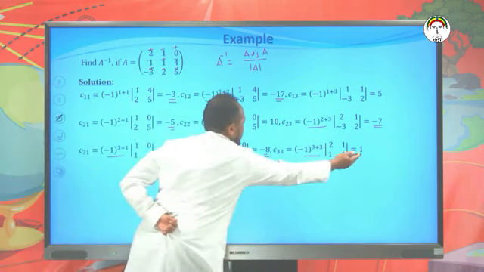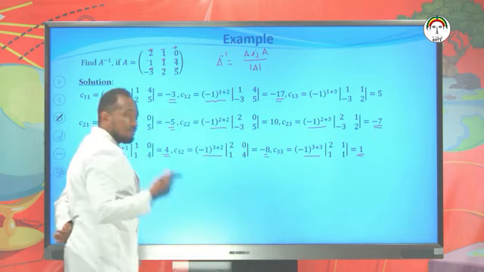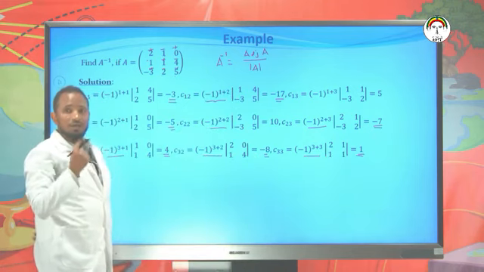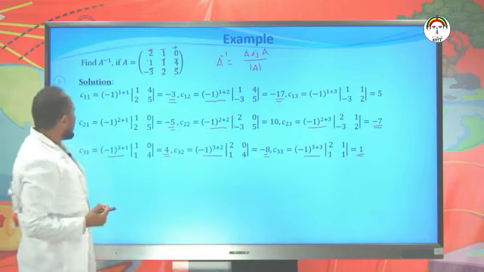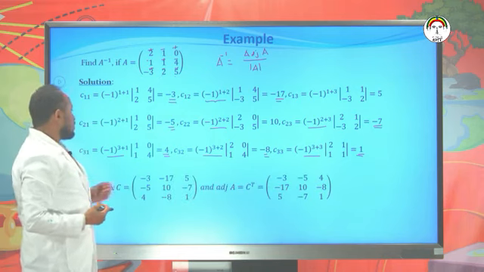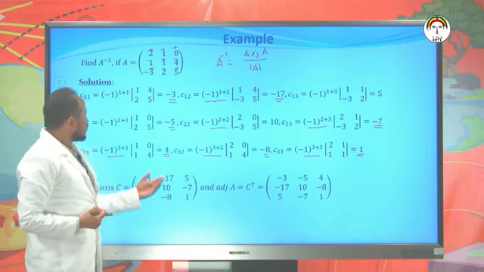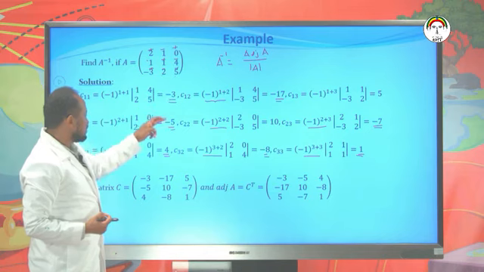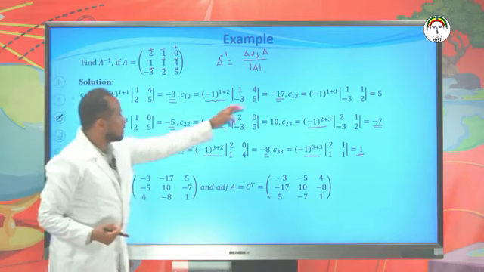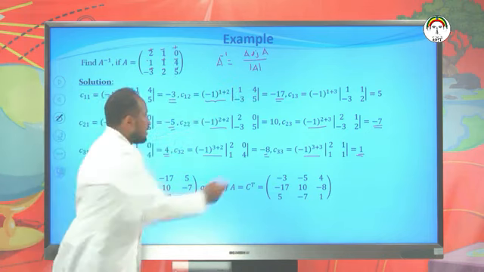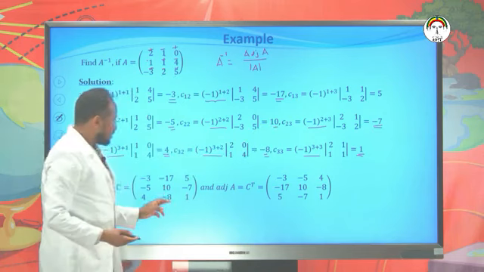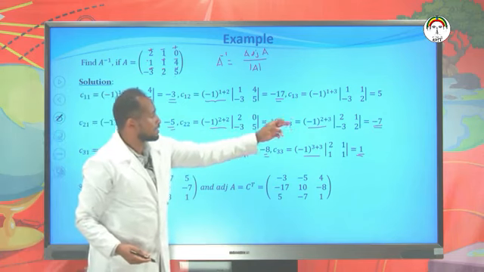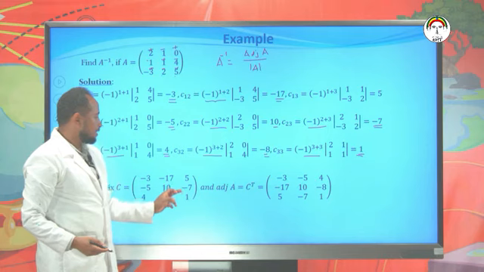So this result gives you 1. Therefore, we have found the cofactor of each entry, and we have found the cofactor matrix. So the cofactor matrix is minus 3, minus 17, 5, minus 5, 10, minus 7, 4, minus 8, and 1.